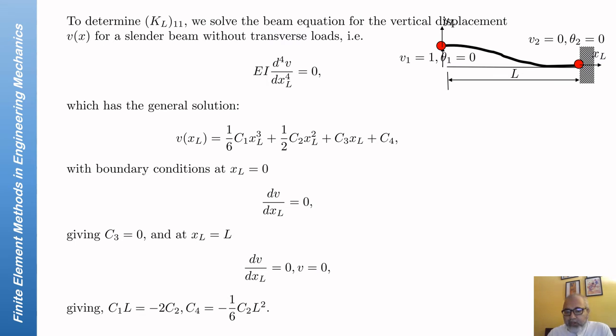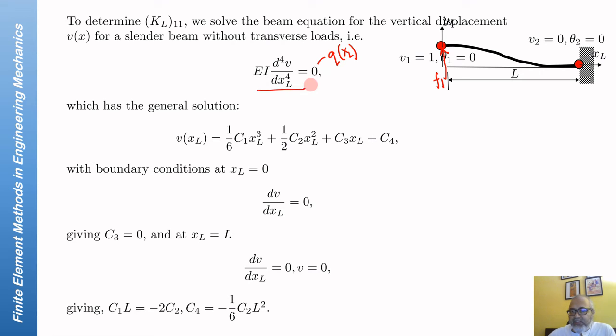One more boundary condition is required to determine the four constants, and that boundary condition is that the shear force at this point is equal to F1. Now remember that in our case, there's no transverse load, so Q(xL) is equal to 0.